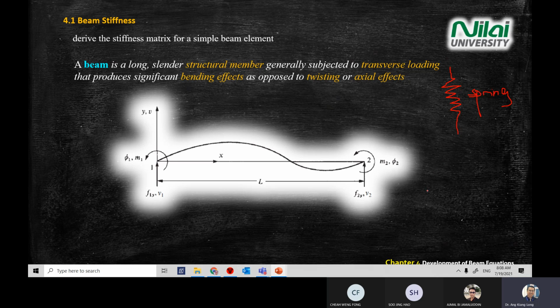And we also studied the bar. This is a bar. Sorry, not beam. A bar only has two ends. There's no bending. There's no y direction. So spring, one direction.